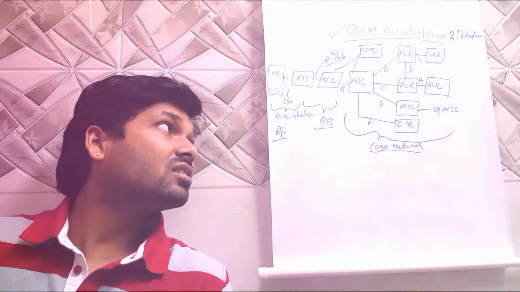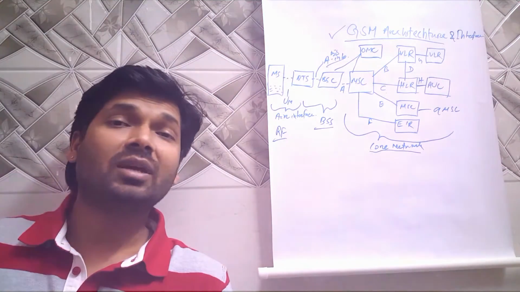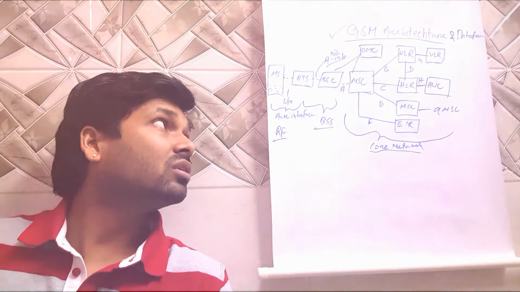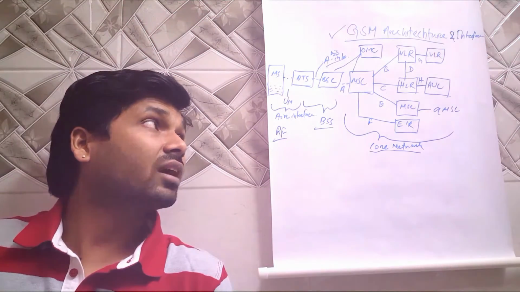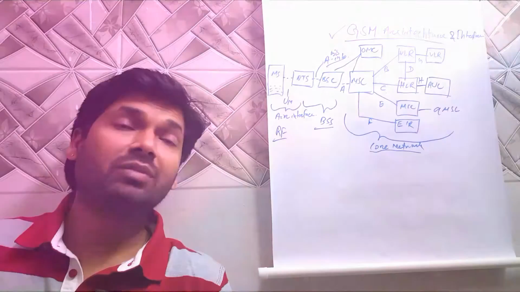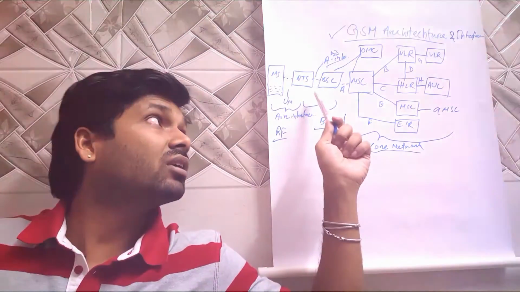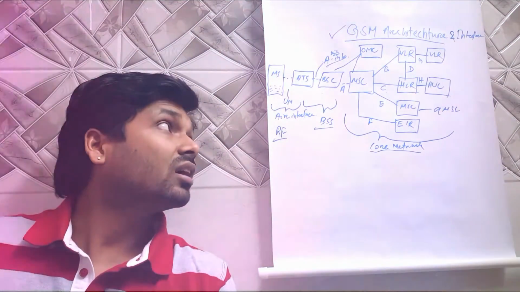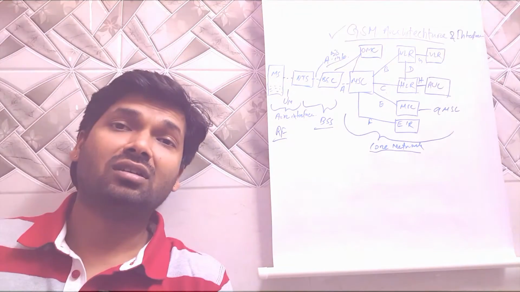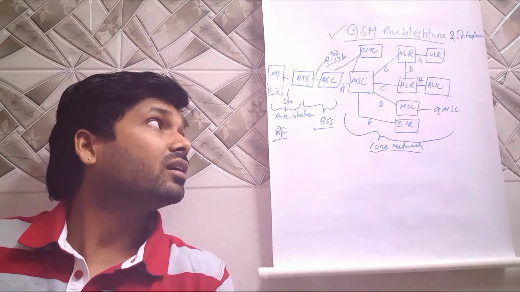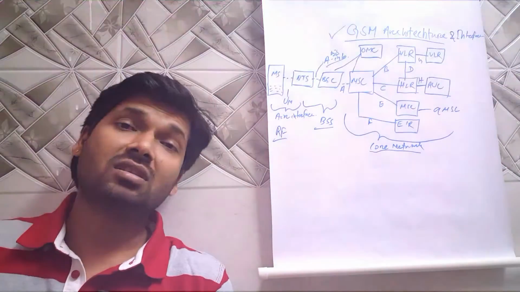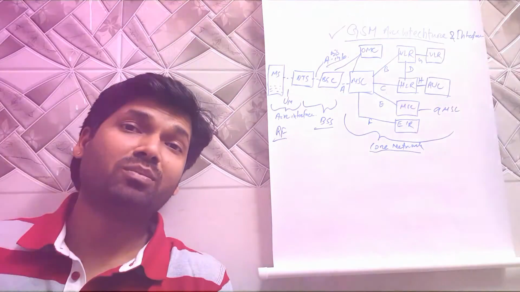Nevertheless, moving forward we'll be able to know all these network elements, and in a different session we'll be covering each of these network elements and their function exactly in the GSM network. I think this is one of the robust and basic technologies in telecom.